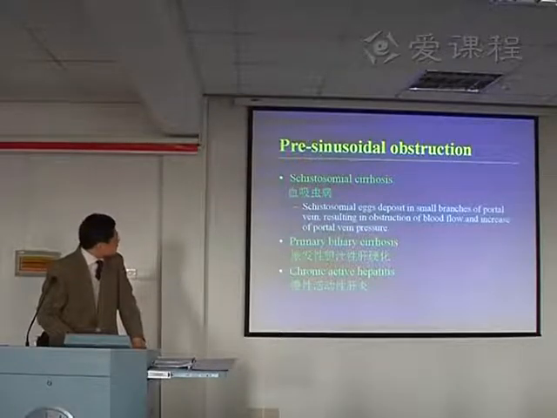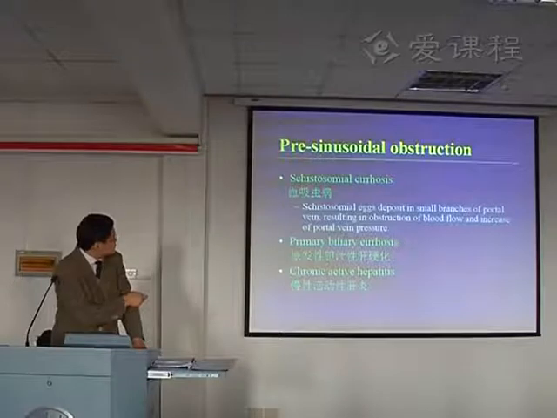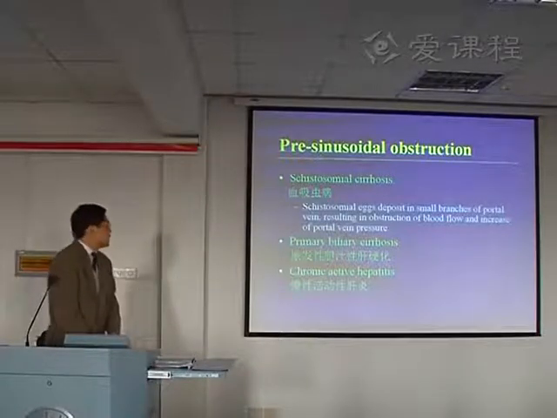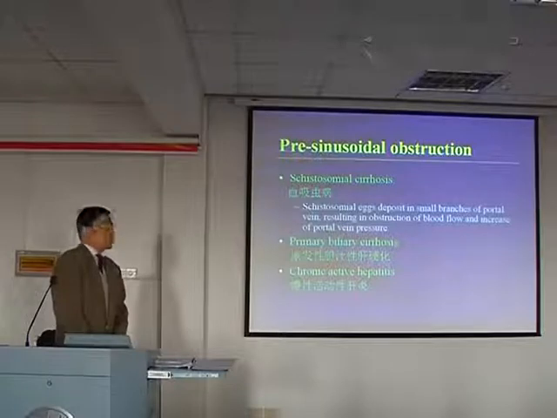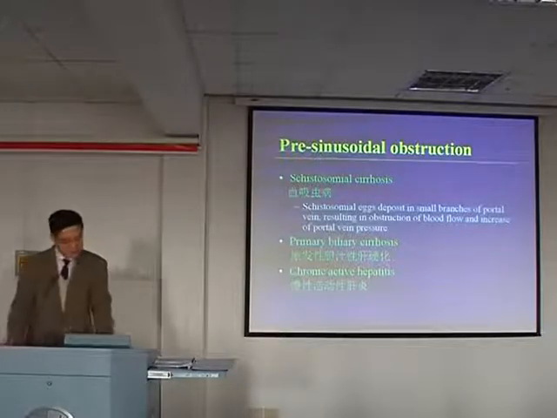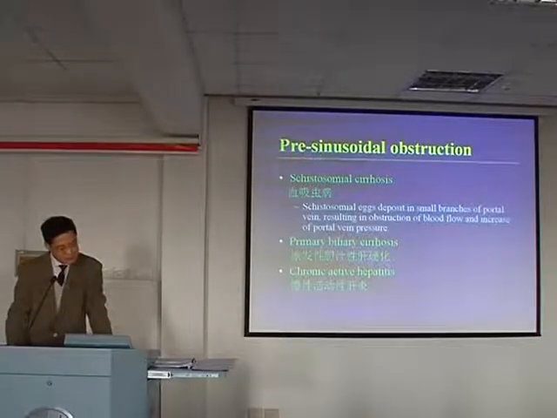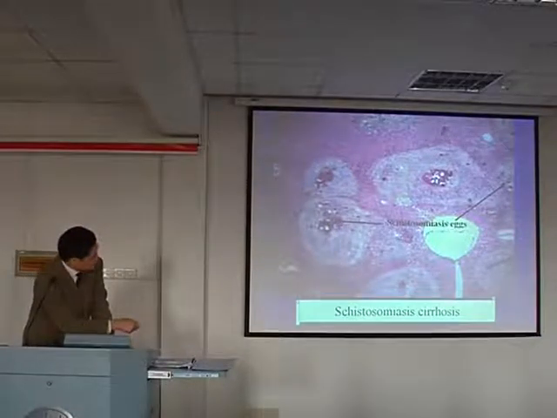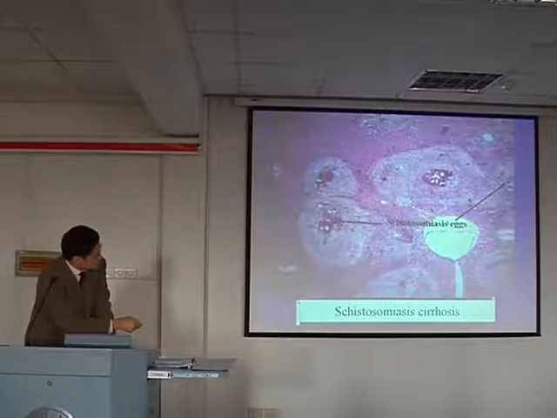The second disease is primary biliary cirrhosis, PBC, and chronic active hepatitis. This picture shows schistosomal cirrhosis.